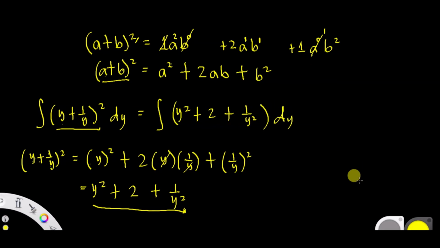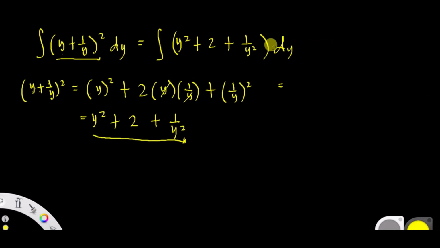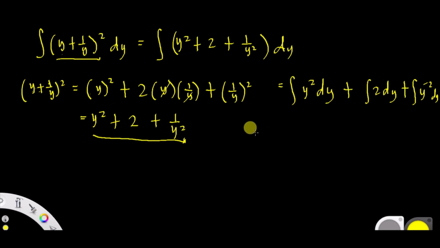And then apply the linearity theorem. So we now have integral of y squared dy plus integral of 2 dy plus i-relocate natin yung y squared sa denominator and gawin natin siyang numerator. So magkakaroon tayo ng y raised to negative 2 dy. And sa lahat ng term, pwede tayong gumamit ng power formula.